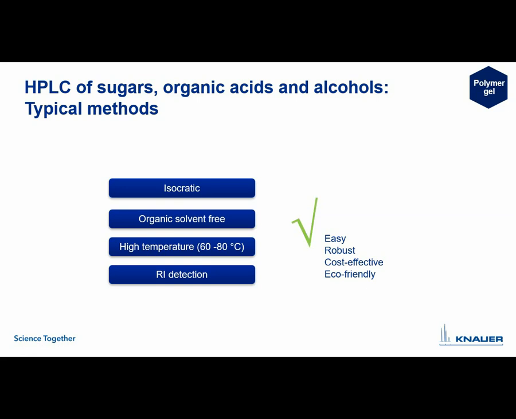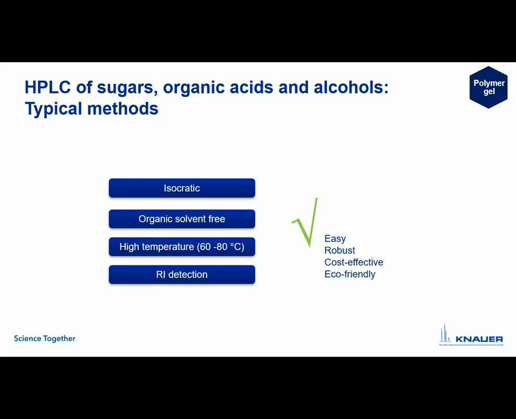So when you use these columns, you have to start at really low flow rates and start to raise the temperature. And after a while, you can also raise your flow rate softly, just not to exceed the pressure range of the column.